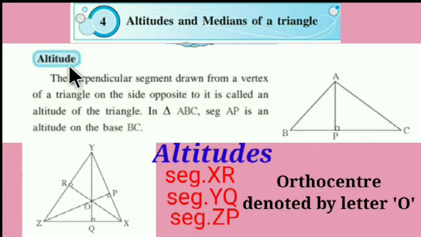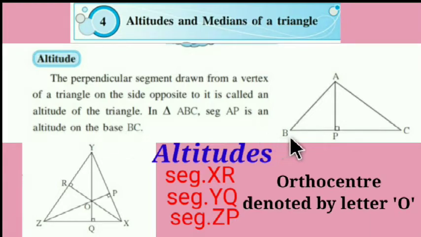First, altitude. The perpendicular segment drawn from a vertex of a triangle on the side opposite to it is called an altitude of the triangle. In triangle ABC, seg AP is an altitude on base BC.